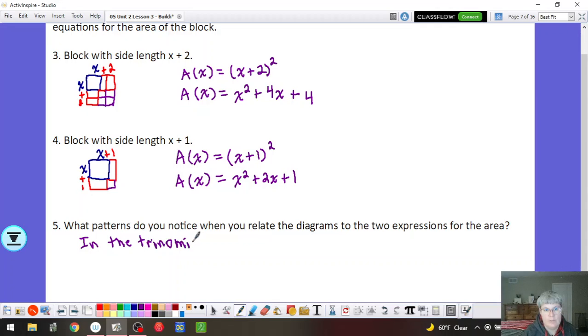So in the trinomial, the middle term is 2x times the length added.